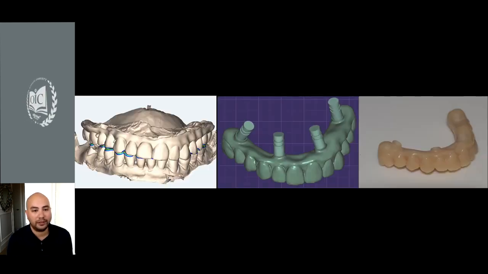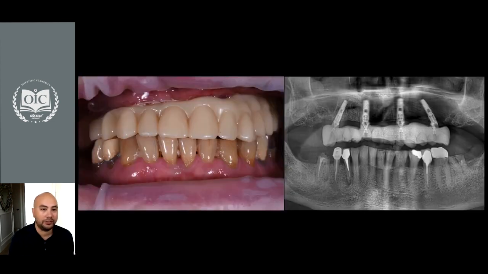That allows the technician to design and fabricate the interim prosthesis, which in this case is done on the same day. The interim prosthesis is 3D printed within a couple of hours and fitted on the same day.